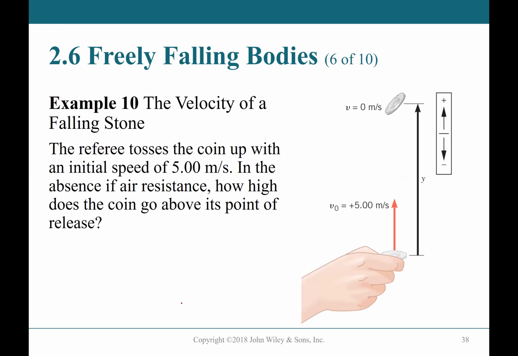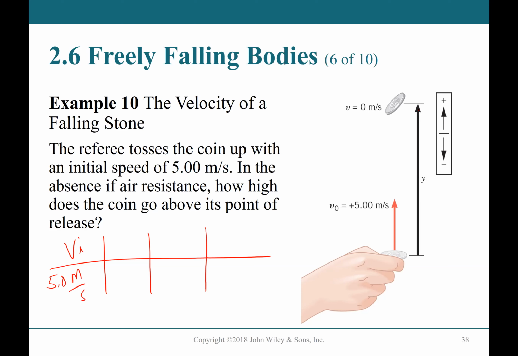The referee tosses the coin up with an initial speed. So now identify again what's given in the problem. The initial speed is 5 meters per second. And you see, if the object is going up, it has to have initial speed. But of course, the question says, how high does the coin go above its point of release?